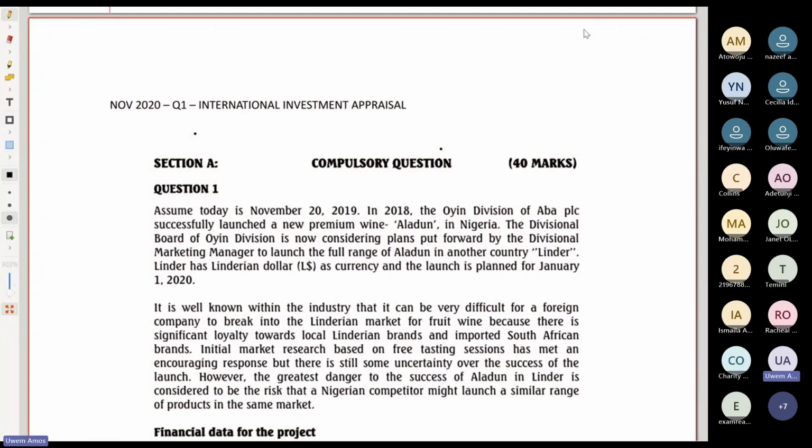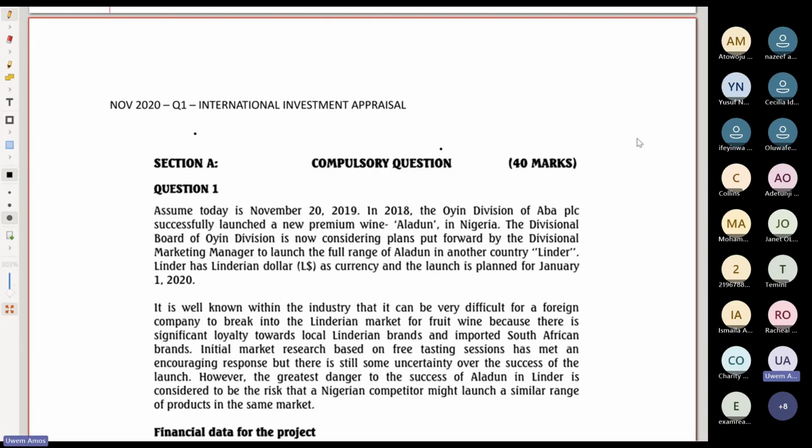Assume today is November 20th, 2019. In 2018, the Oyin division of Abba PLC successfully launched a new premium wine, Aladun, in Nigeria.